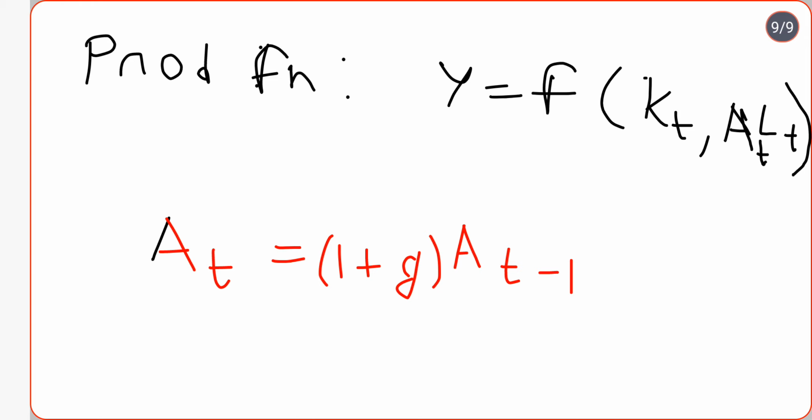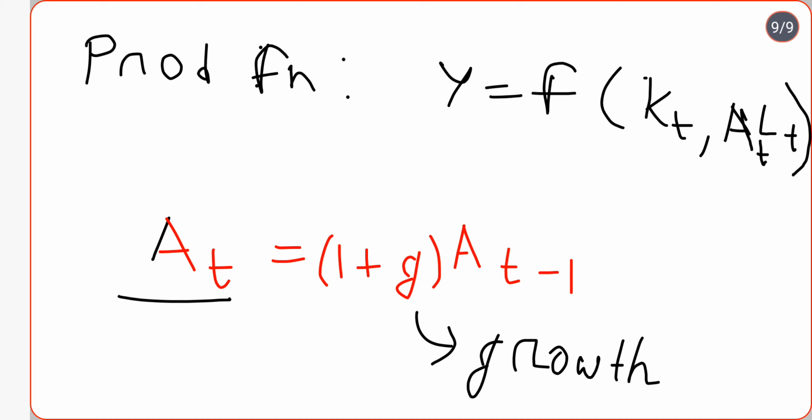The technology in the previous year will obviously grow at a rate of g. So g is the growth rate of technology, and by multiplying the previous year's technology with 1 plus g, we are getting the current year's technology, that is At. So this is the growth rate of technology.